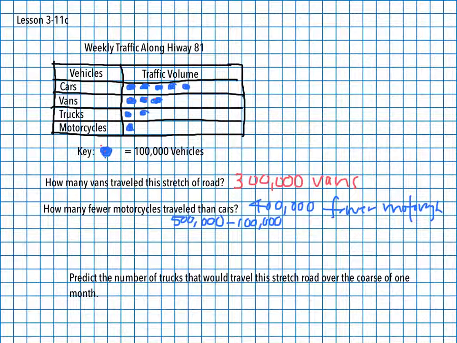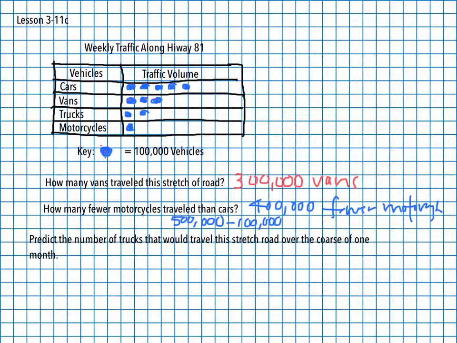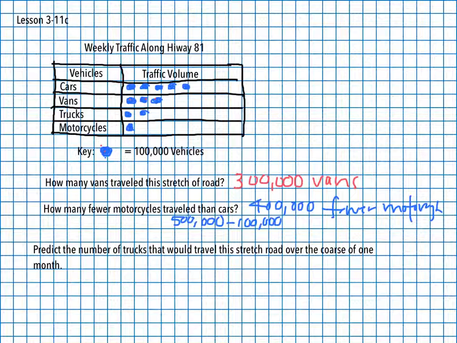So how many trucks would travel this road in 1 month? Now, it's important to figure out what this one is. It's weekly. So we have to roughly guess and compare and extrapolate, which is when we take data and look at the trend and think, what is it going to do over a full month? This is weekly, so how many weeks are in a month? Hopefully, for the most part, it's around 4 weeks to a month. So we're going to start with the number 4.